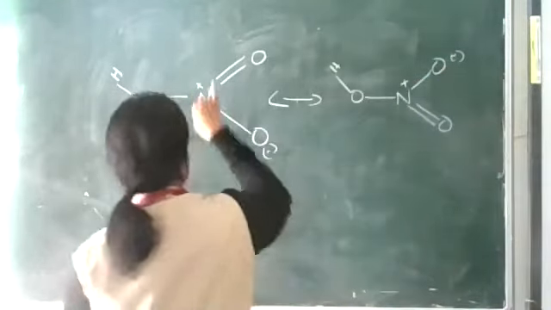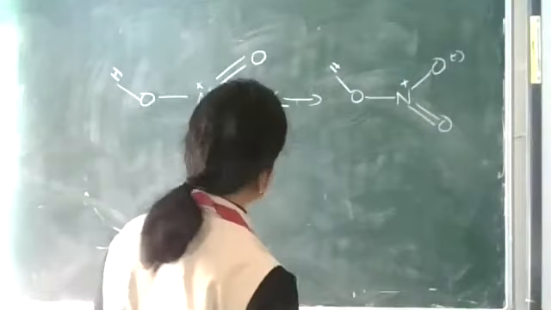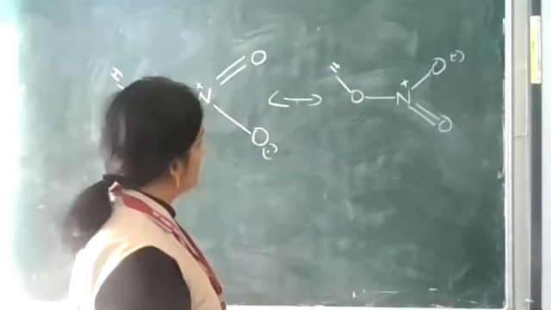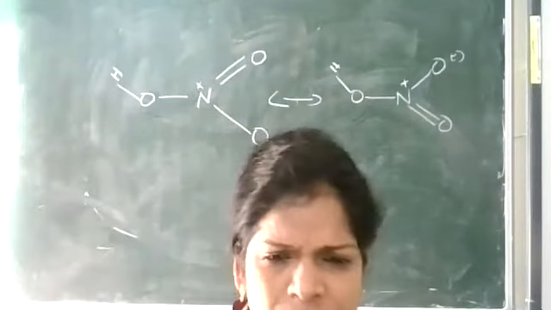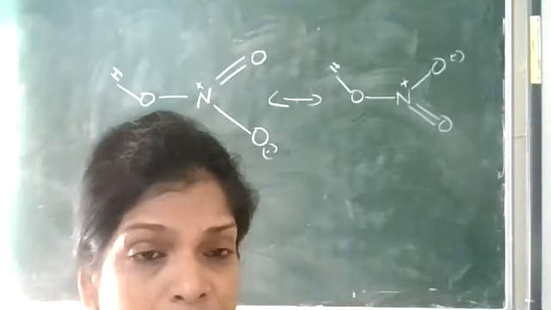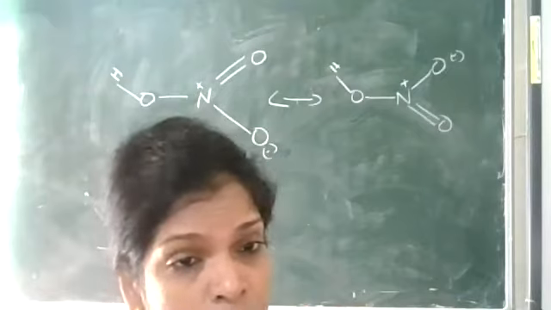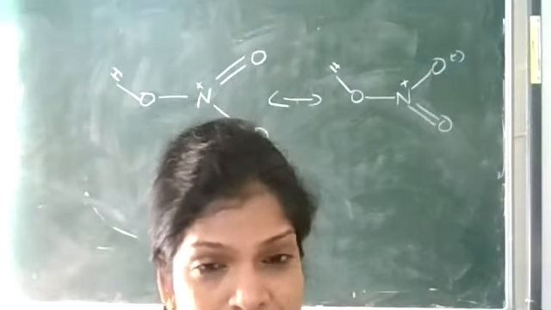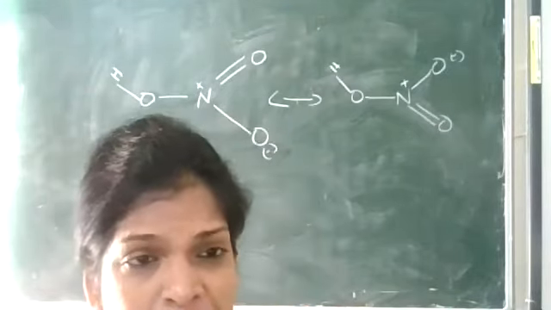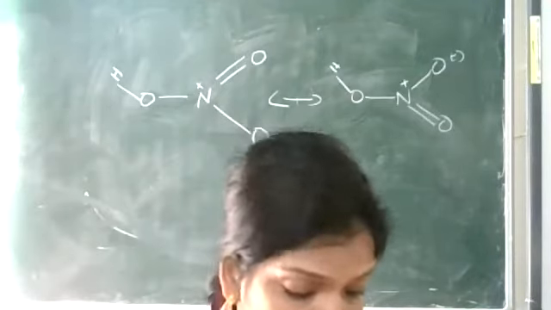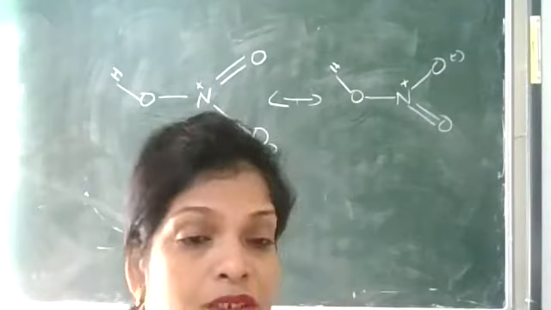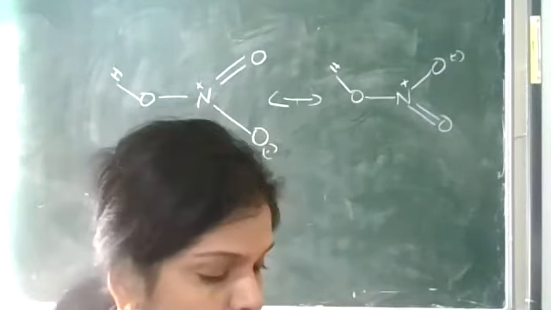So the double bond is resonating between two NO bonds, so more attraction, but the N-OH bond is still single. So that bond length is more than this NO bond. So the answer is this is due to the resonance.